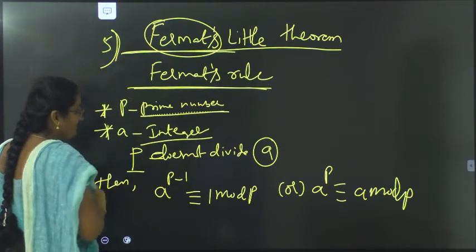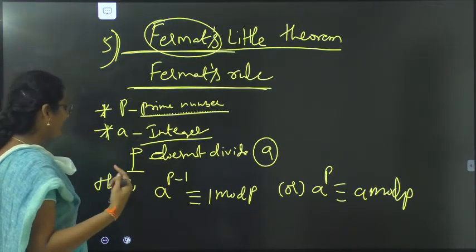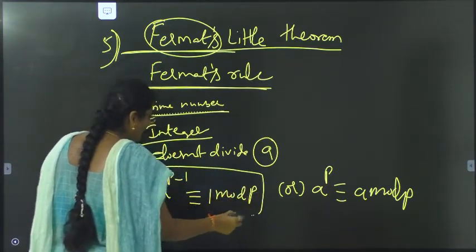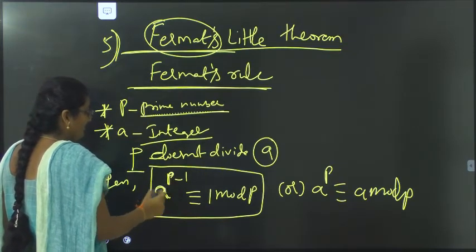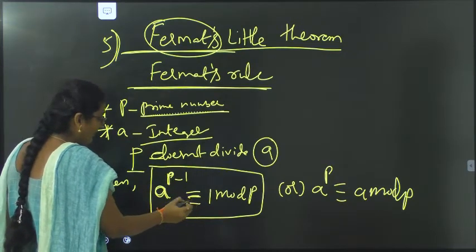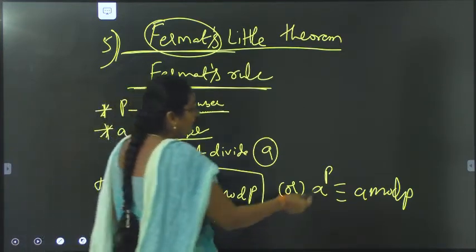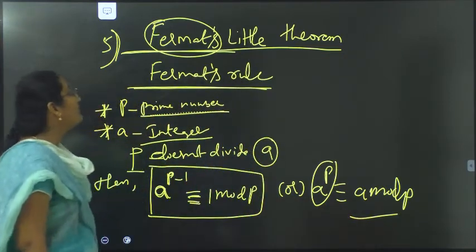If the prime number is not able to divide the integer, then you have to use the two statements, where a is the integer and p is the prime number: a power p minus 1 is congruent to 1 mod p, or else a power p is congruent to a mod p. This is the Fermat rule, the fifth point.